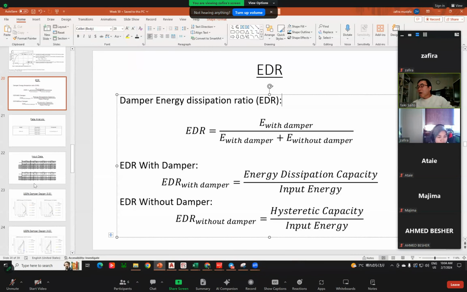So energy without damper, what does it mean? It is the energy from the coupling beam. But if the beam is elastic, this energy will be zero, so EDR is always 1.